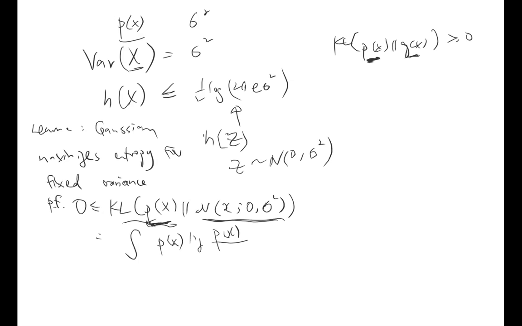So then the KL divergence between this and this, I just write a shorthand, n(x) dx, something like that, right? Then it will be equal to the integral. I can write minus p(x) log p(x) dx, right?